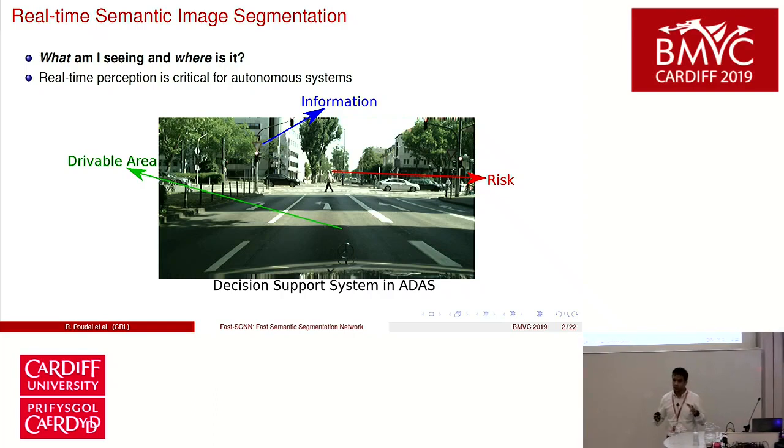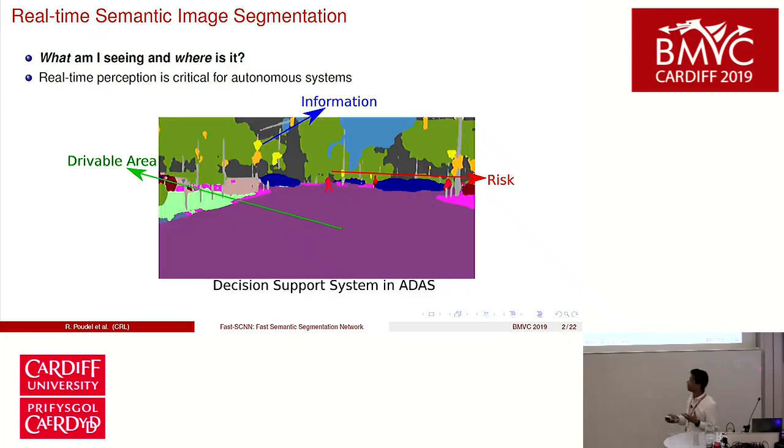Let's talk about autonomous driving. You just perceive whatever you're seeing, what is there in the scene and where it is. These two things are important, what and where. Then you take these two pieces of information to your planning model and your action model.